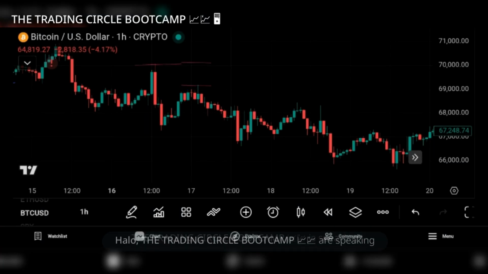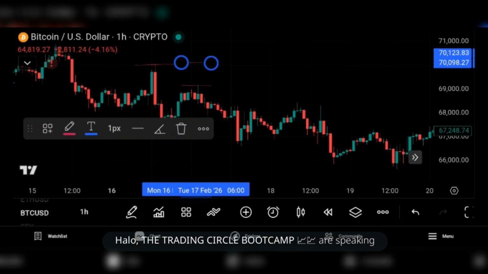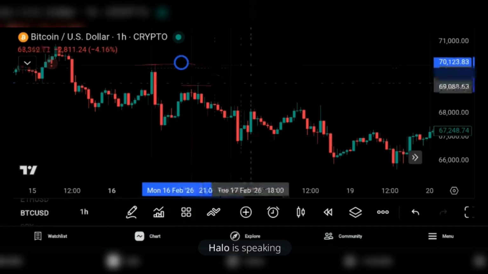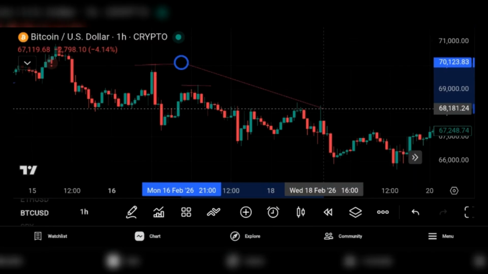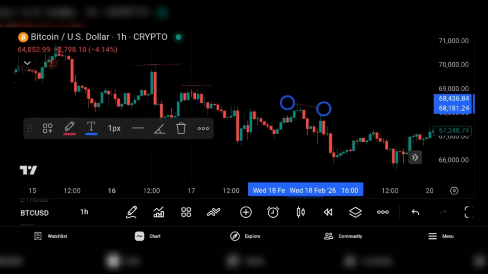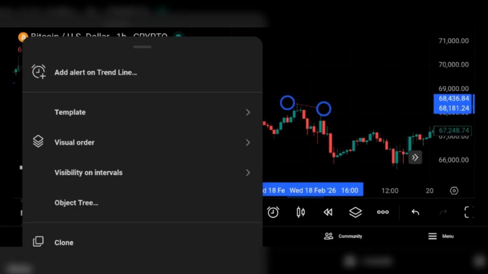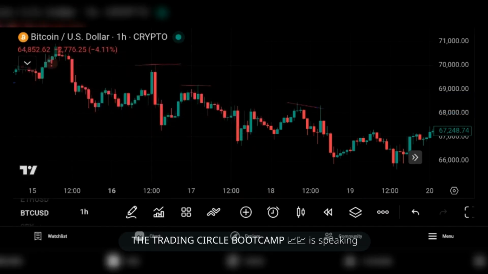Making another color, it's just blocking my view. Let me do one more.